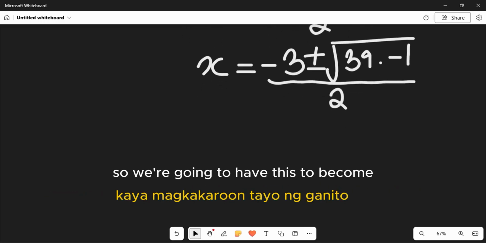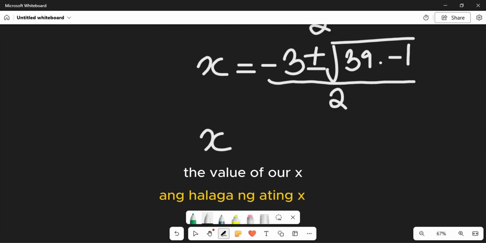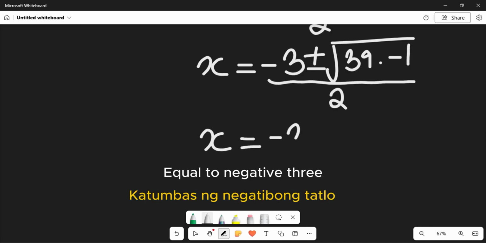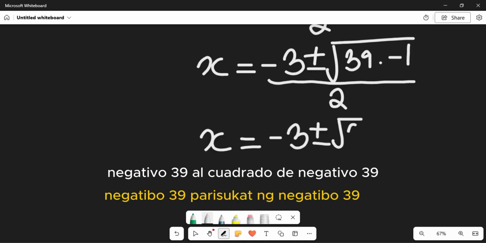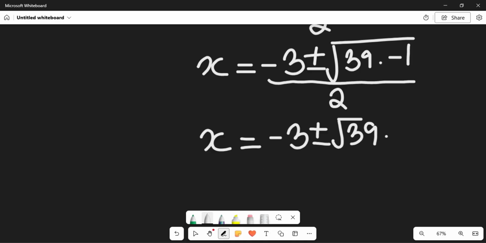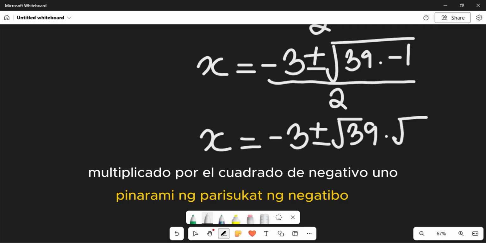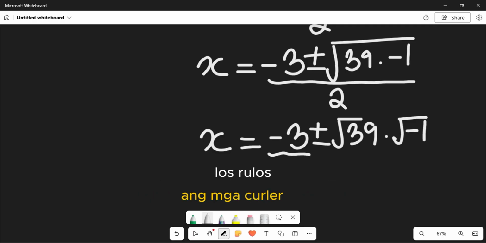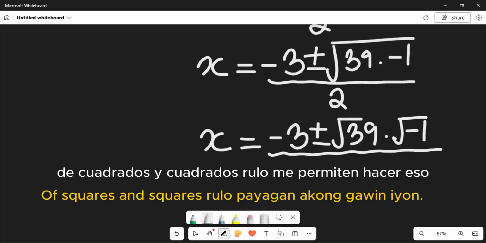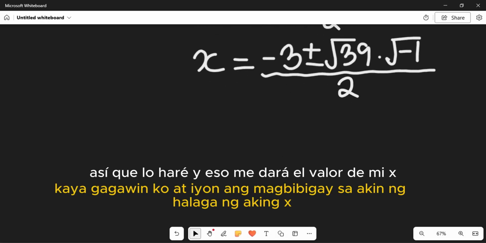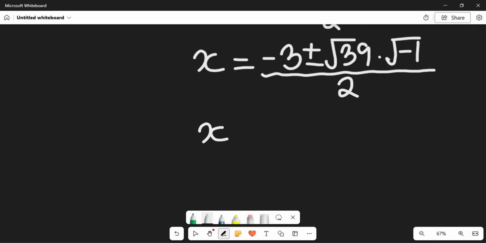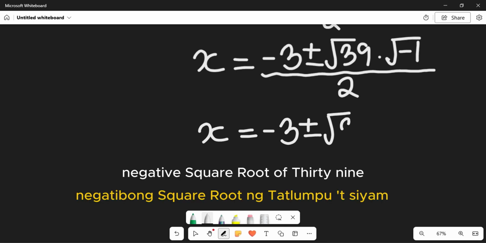So we're going to have the value of x equal to negative 3 plus or minus the square root of negative 39, which is the square root of 39 multiplied by the square root of negative 1. The rules of square and square root permit me to do that. So I will do that, and that will give me this. The value of x will now be equal to negative 3 plus or minus the square root of 39 times the square root of negative 1.